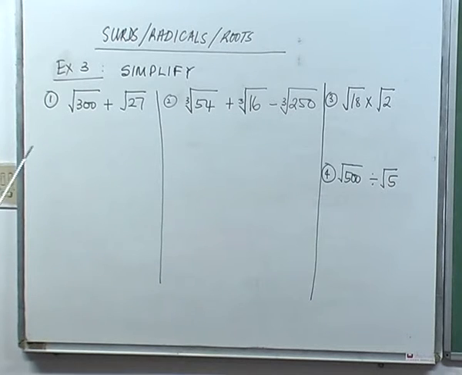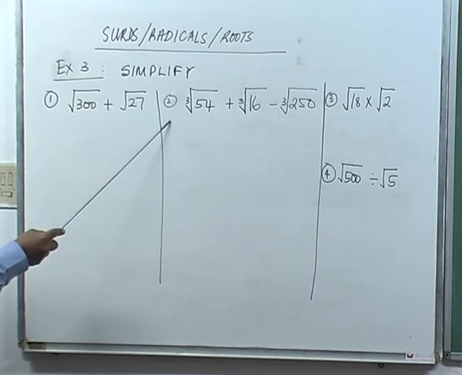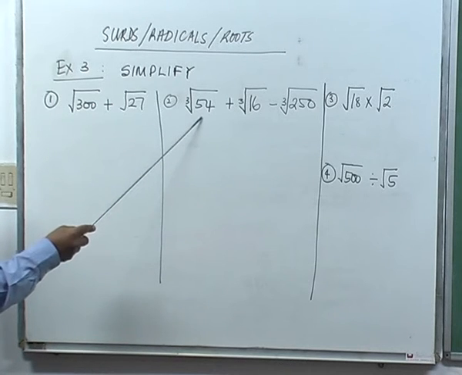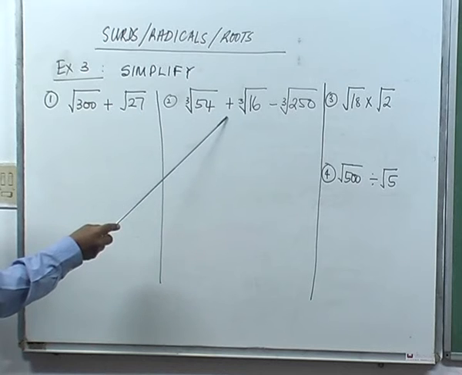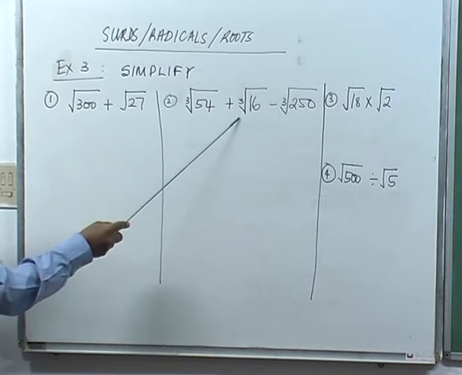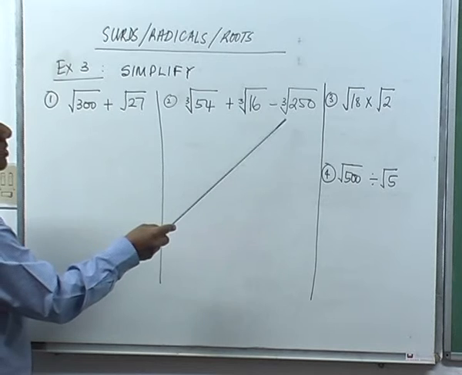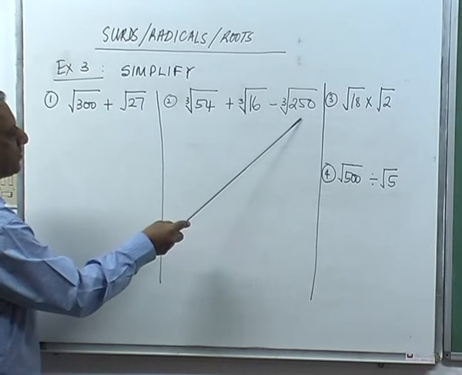Alright, welcome back. Here's exercise 3. In all these examples you have to simplify. Number 1, square root of 300 plus square root of 27. Number 2, cube root of 54 plus cube root of 16 minus cube root of 250.